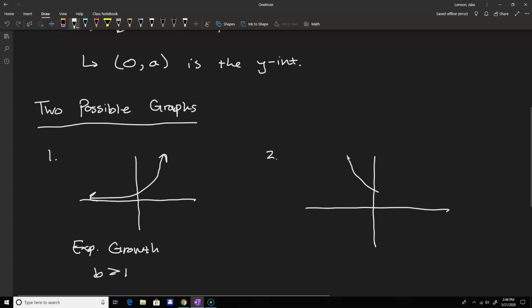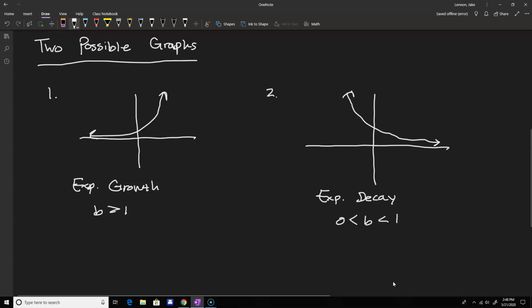It's going to look something like this. This is exponential decay, and this happens when b is between 0 and 1. So some examples, if we want to do a couple quick examples, we could say y equals 2 to the t, and over here we could say y equals 1/2 to the t. So those are examples of such exponential functions.